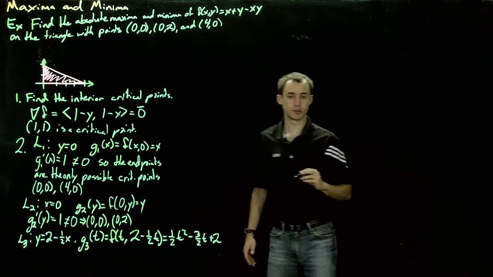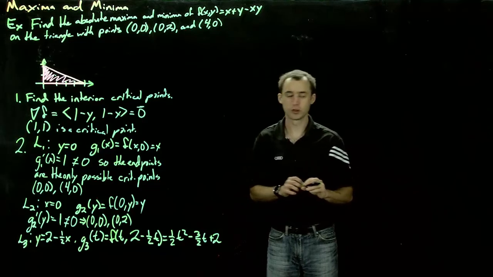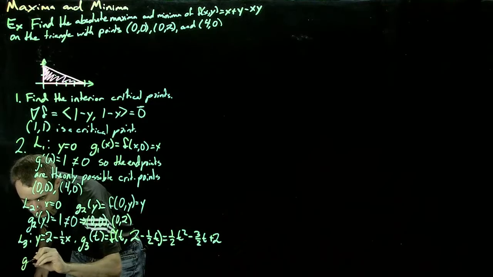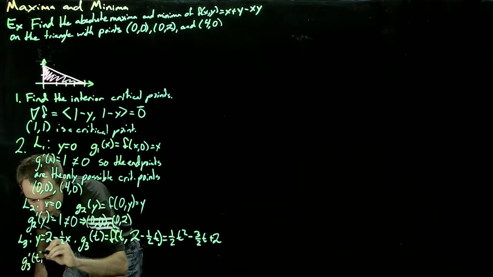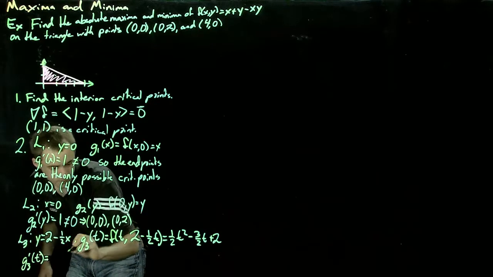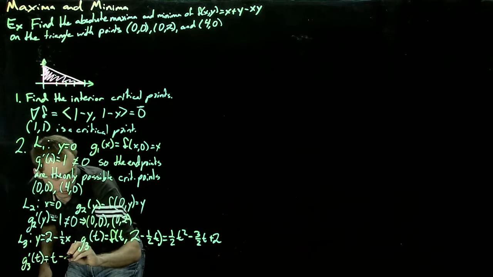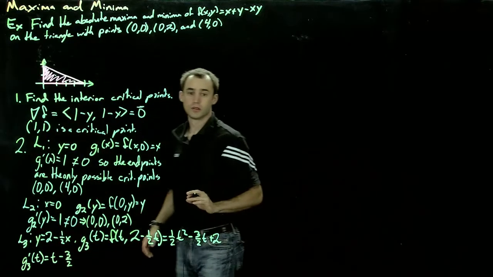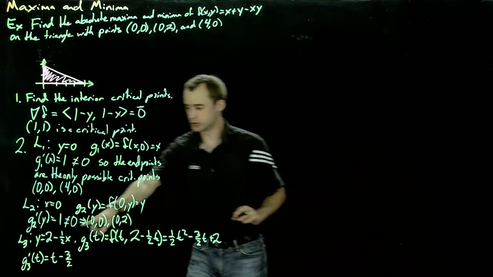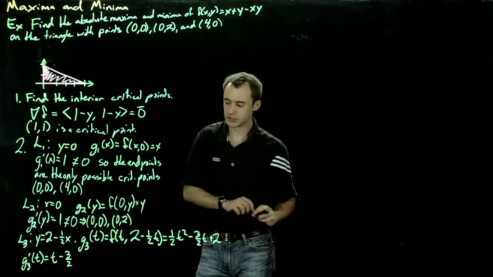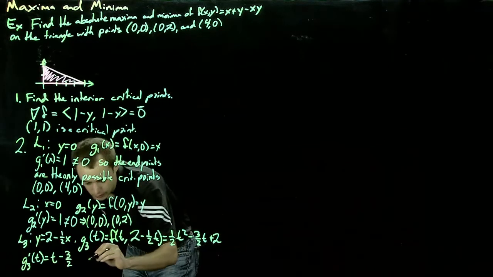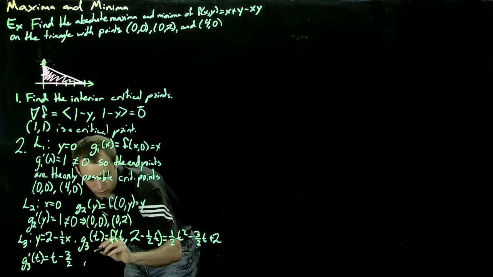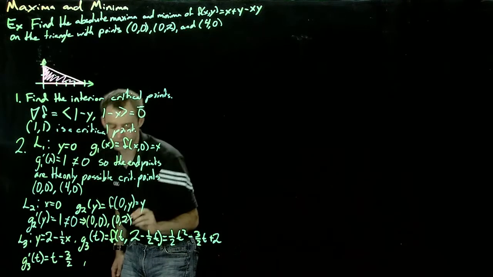Okay, so now we've figured out what g3 is. We apply the same procedure. g3 prime of t is t - 3/2. So now we have the point where g3 prime of t is equal to 0, the case where t = 3/2, or x = 3/2 in this case.